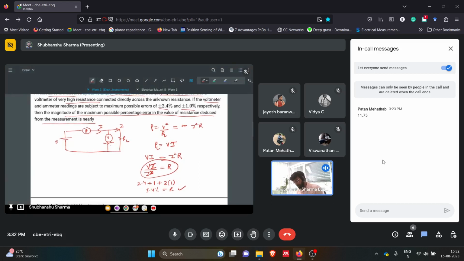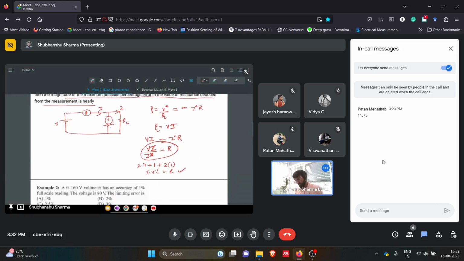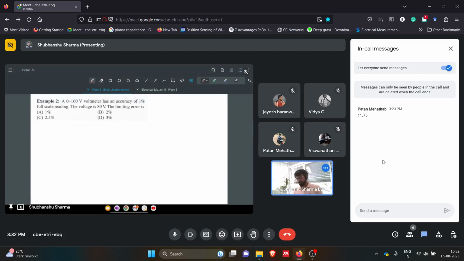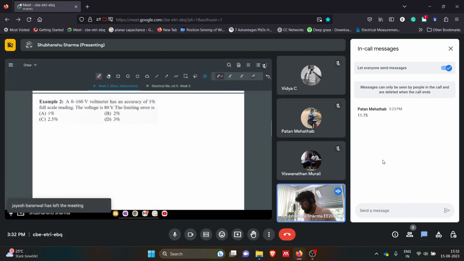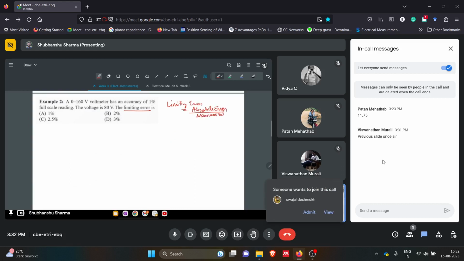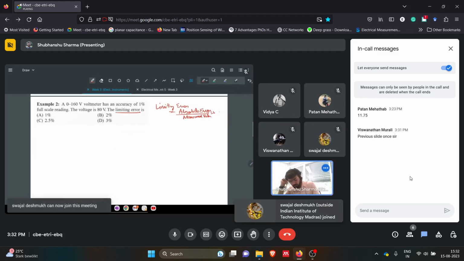So now we can move to the next question. Just read the question, and I will tell you what limiting error is. Limiting error is simple: absolute error divided by the measured value into 100.